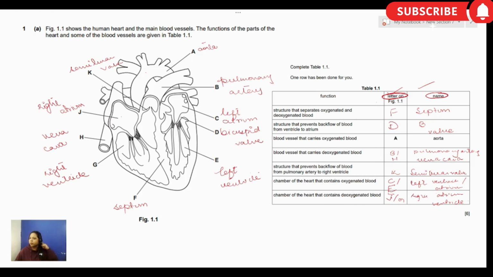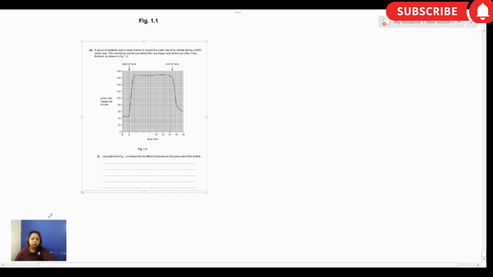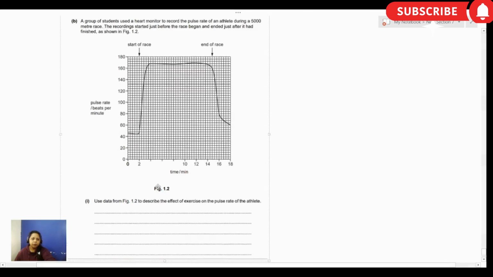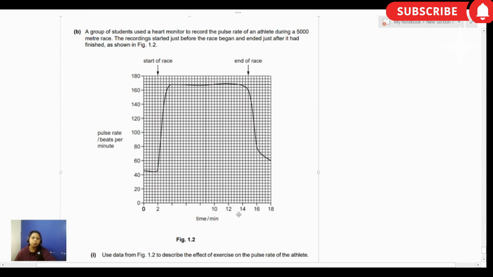Okay, next the graph is given, so it would be a more technical question. A group of students use a heart monitor to record the pulse rate of an athlete during a 5,000-meter race.